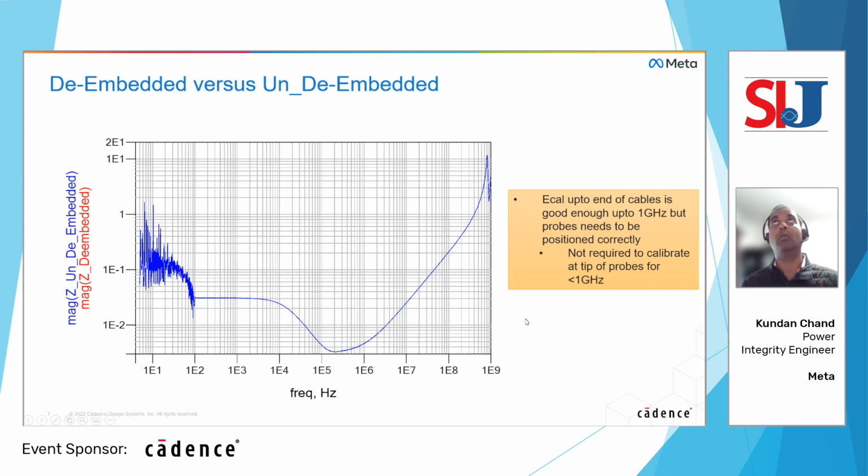In one case we also included the Pico probe parasitics information, and with and without adding the parasitics, it did not matter. This curve shows that if you add the port parasitics and de-embed versus not, it does not matter up to the frequencies of interest. So that's another finding we had.